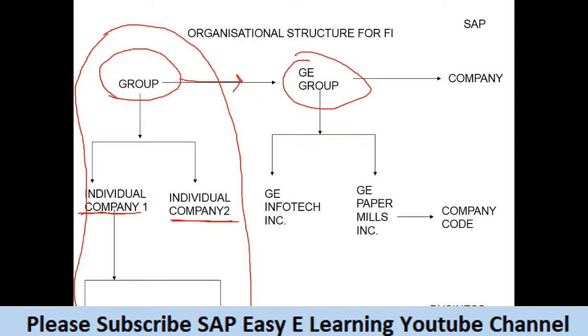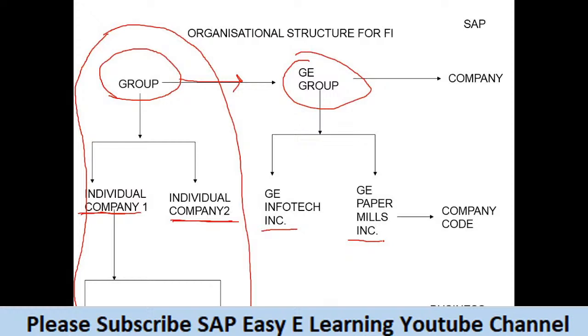So as an FI consultant, we are going to configure this FICO software to the GE group of companies. Now, under the GE group, you have some number of individual companies like GE Infotech Incorporation, GE Paper Mills Incorporation, GE Real Estate Incorporation, GE Technologies Incorporation.